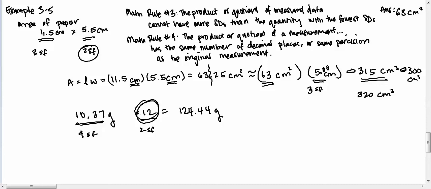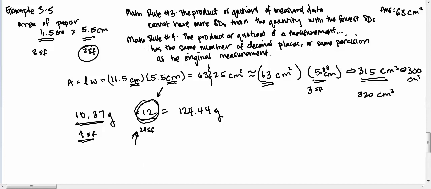So this number shouldn't affect the number of sig figs I report, because that is a counted number. That is an ultimate precision number. I could say this thing has 20 sig figs or 200 sig figs. The number of sig figs it has adjusts to however many sig figs you have here, because you don't want this number cutting your answer down.